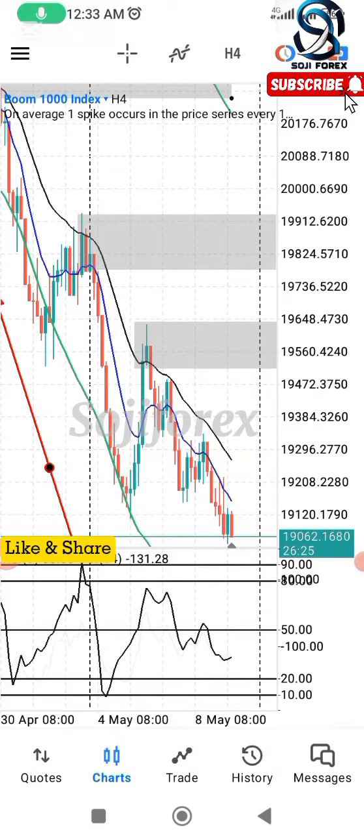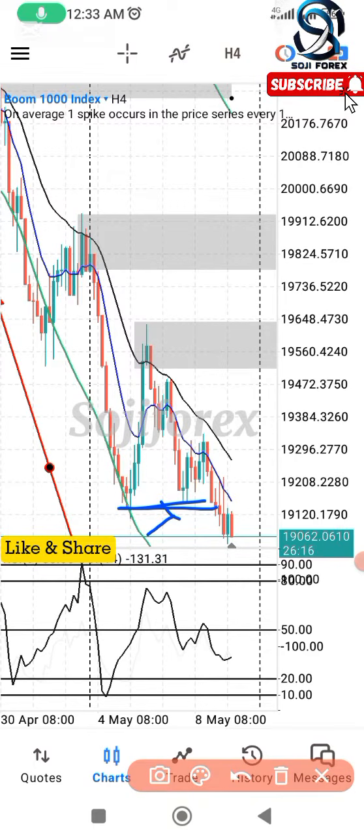So now what do we want to see? In this case, price has already taken this liquidity here and price has given us a new low. So in this case now, price is in a downtrend. So later, I want to see price pull back into this order block and then give us a signal for a sell continuation.